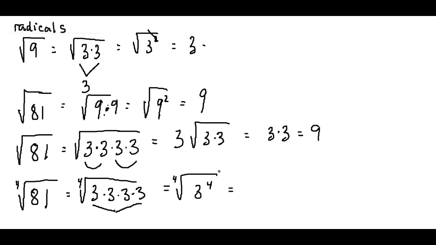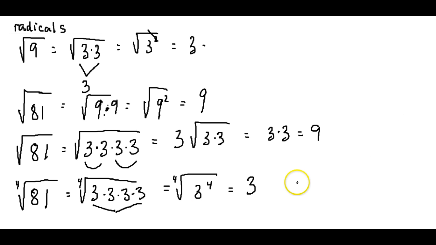So we can write that as the 4th root of 3 raised to the 4th power, where the 4th root and the exponent 4 cancel each other out, and so we get an answer of just 3. So you have to take out groups of 4 of the same base to pull one of the bases outside the radical.